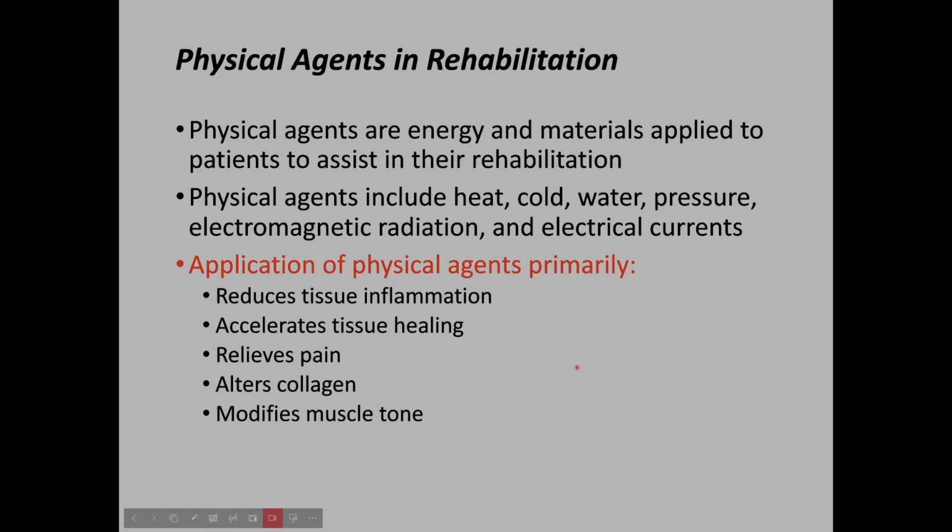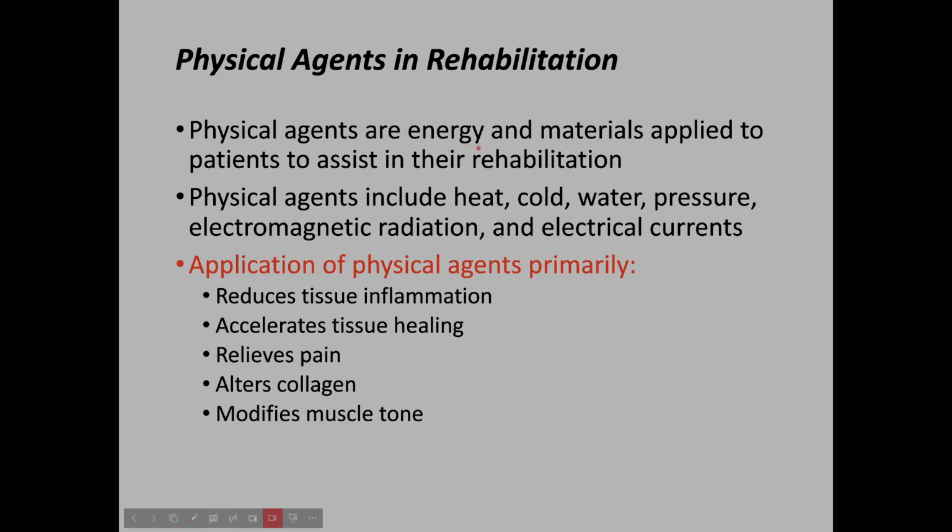So for this class, really, we're going to be more involved with the idea of physical agents for rehab. What we primarily want to look at is our uses for the application of physical agents primarily to accomplish these goals. So what are the physical agents in general?